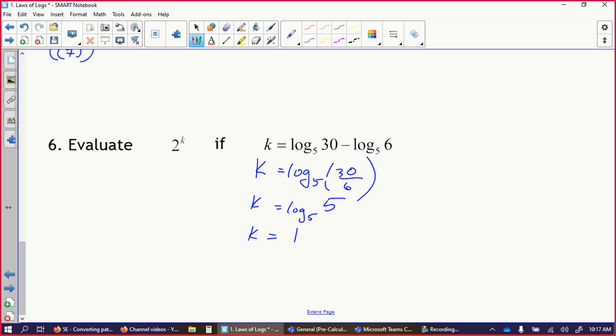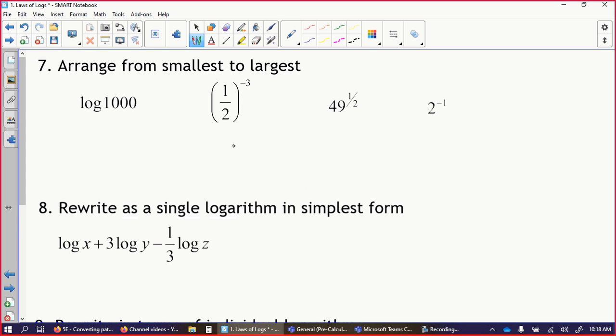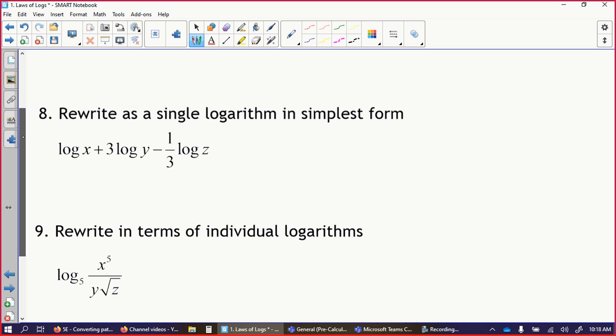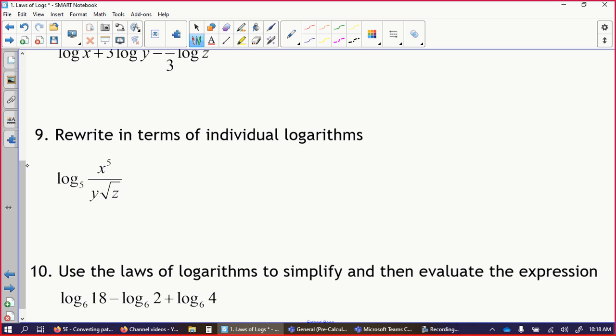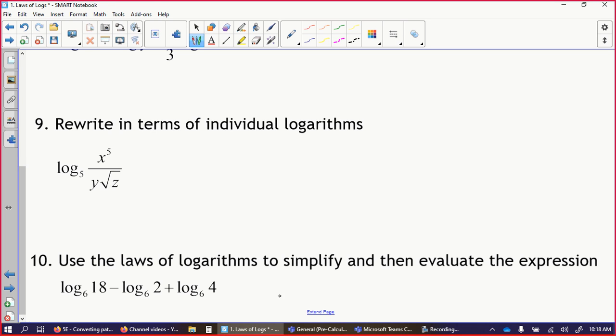K equals 2. Arrange from smallest to largest. Rewrite as a single logarithm. Rewrite as individual logarithms, and then use logs to evaluate.